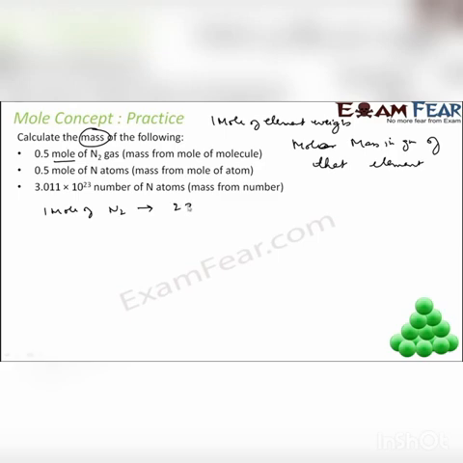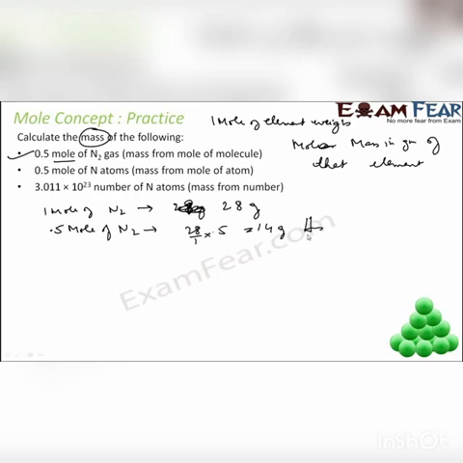Nitrogen is 14 into 2, 28 grams. That is 1 mole of N2 gas. So if 1 mole of N2 gas is 28 gram, 0.5 mole of N2 gas will be how much? 28 by 1 into 0.5, that is 14 gram.